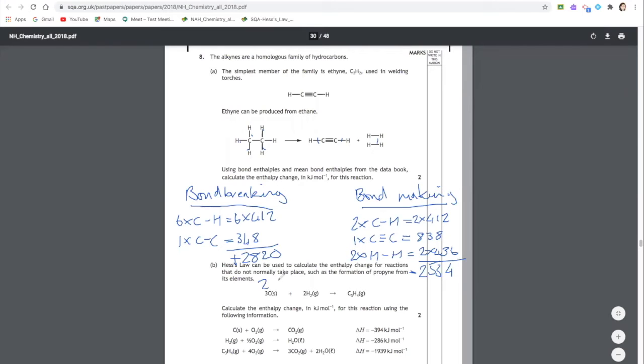So that'd be 2820 plus minus 2534, which gives you 2820 minus 2534, which is plus 286 kilojoules per mole. So overall, this is an endothermic reaction because energy goes into the substances.